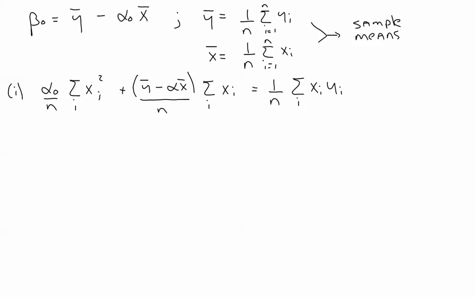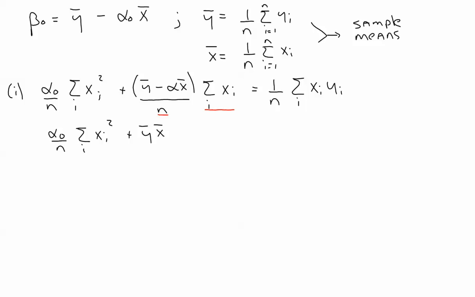Continuing on, we get alpha naught over n times the summation over i of x_i squared plus y bar x bar. You'll notice that the summation over x right here divided by n is my sample mean in x.